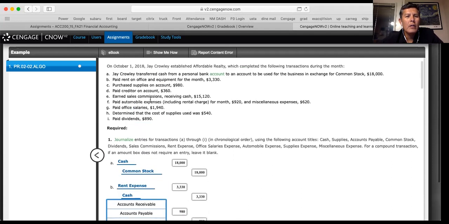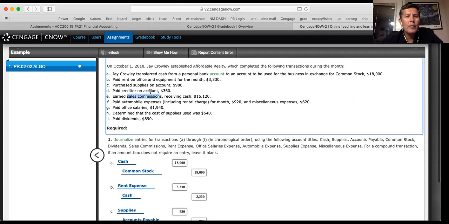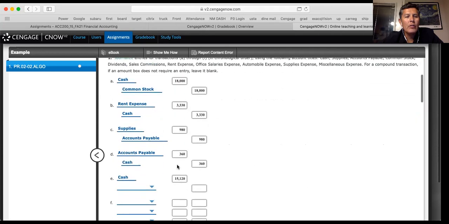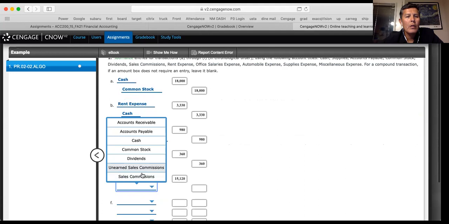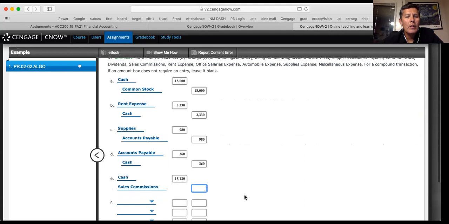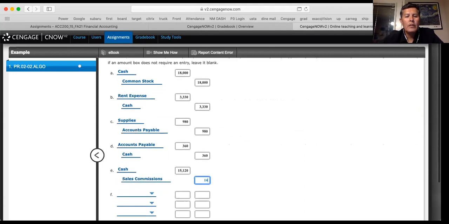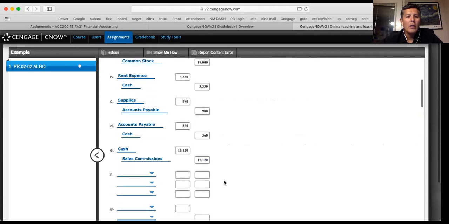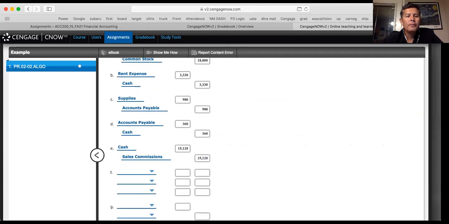Notice how it said sales commission right there. It's all the information in these transactions right here. So sales commission, and that's going to be 15,125.